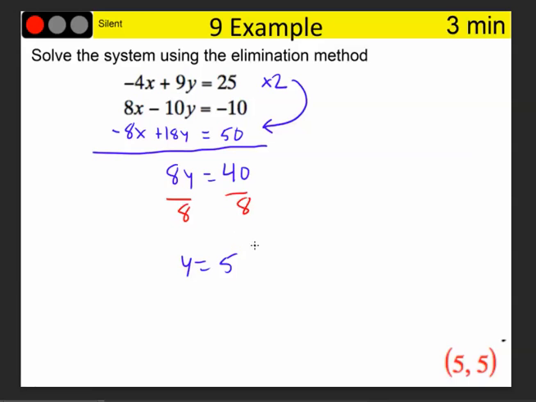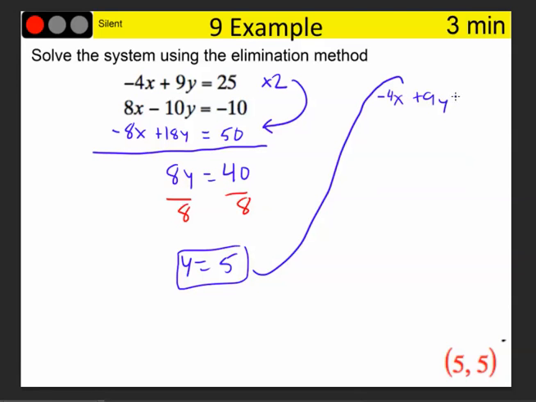Alright, so now that I know the value of y, I can plug it into one of our original equations. We can really use either one, so why not -4x plus 9y equals 25. So we'll plug it right here. -4x plus 9 times y equals 25 when y has a value of 5.